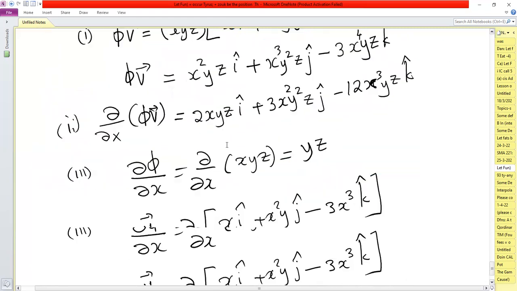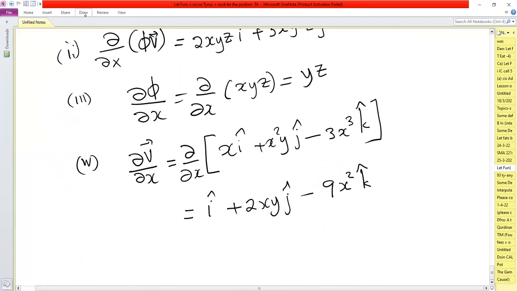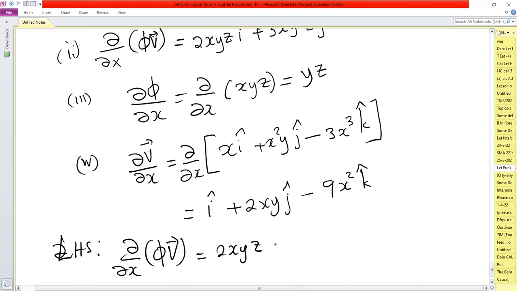To answer that part, the left-hand side is given by partial x of phi v. We have found our answer to be 2xyz i plus 3x squared y squared z j minus 12x cubed yz k.